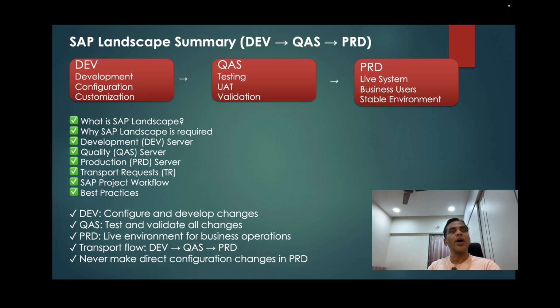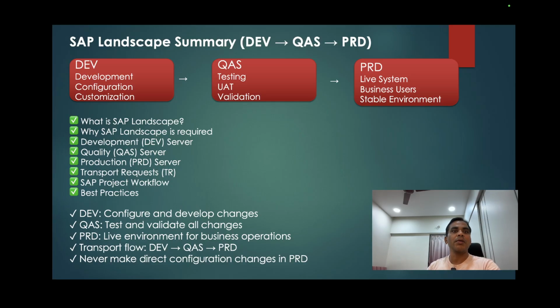Why is the SAP landscape required? Because there should be no issue in production. Data should always be tested before going to production, so there is no data inconsistency, and there are more reasons too. That's why we require a landscape.